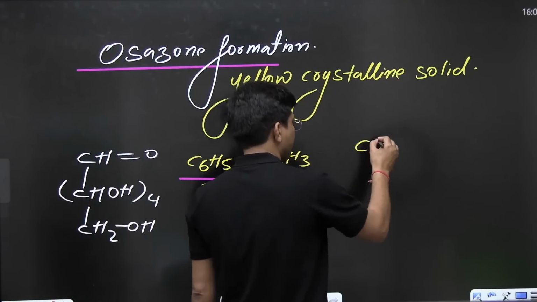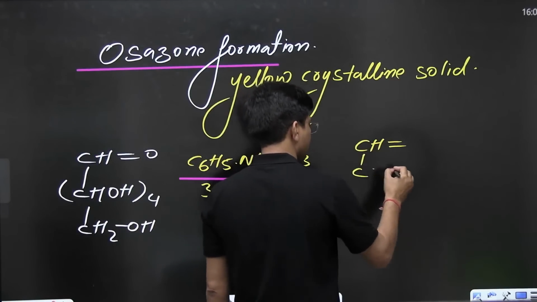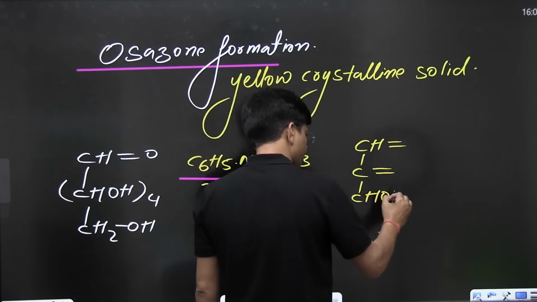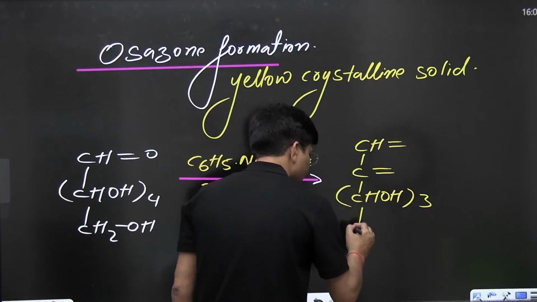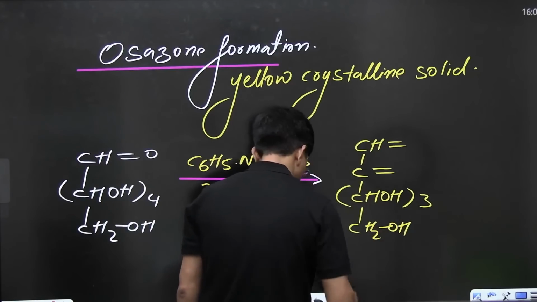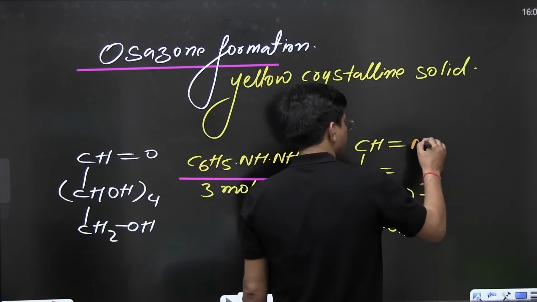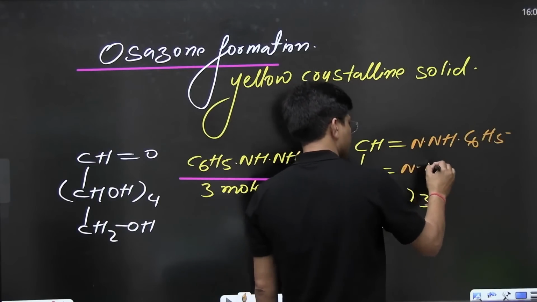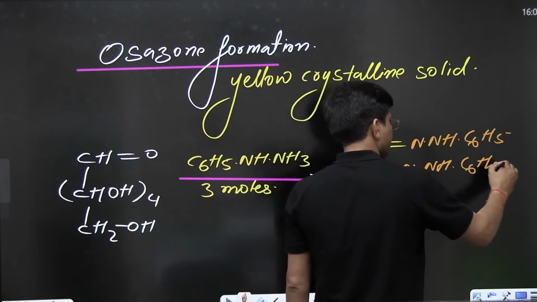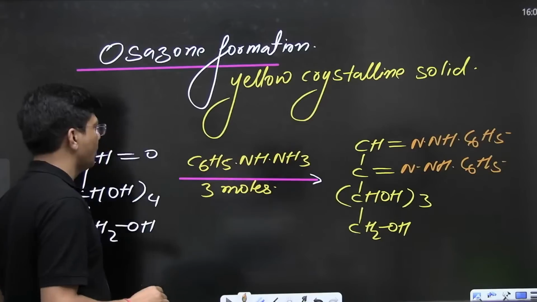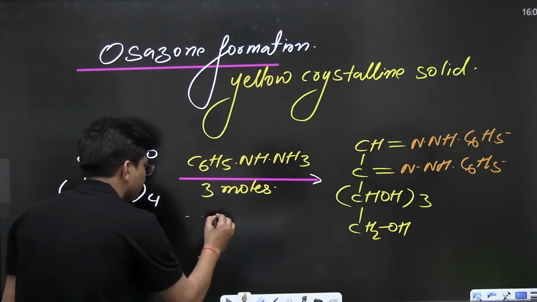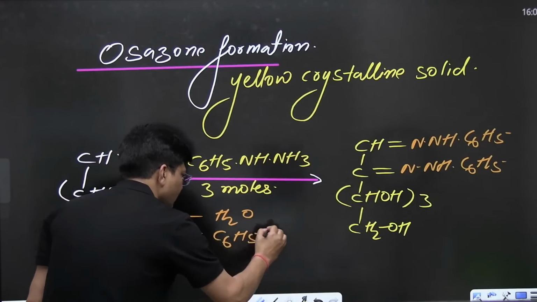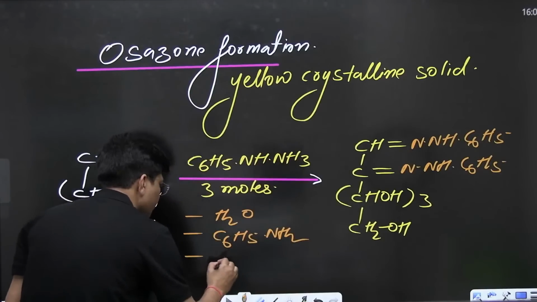It will form CH=N-NH-C6H5, C=N-NH-C6H5, (CHOH)3, CH2OH. This is your yellow crystalline osazone. How many moles are involved? 3 moles are involved. What are the side products? Side products are water, aniline C6H5NH2, and ammonia.